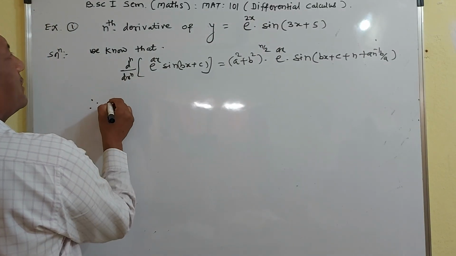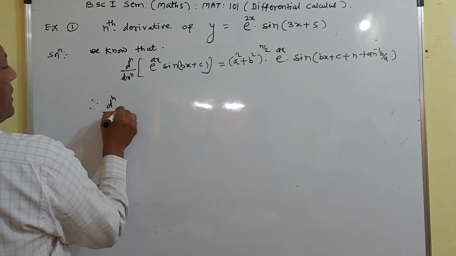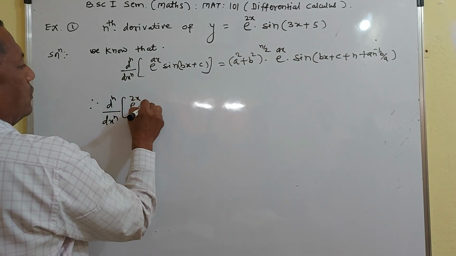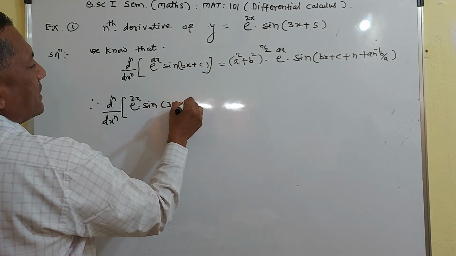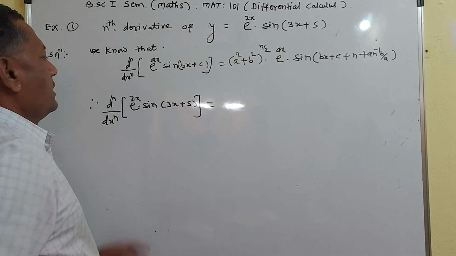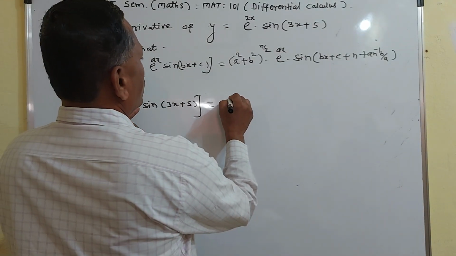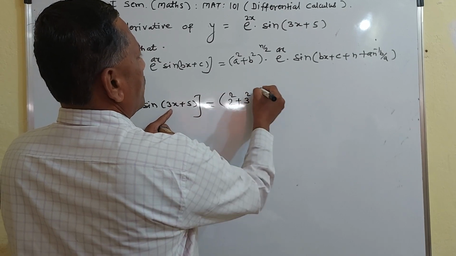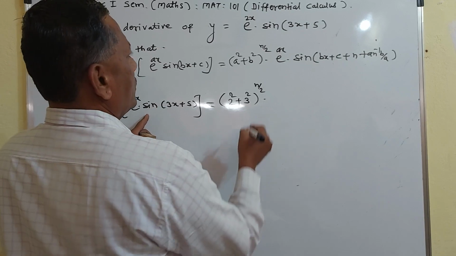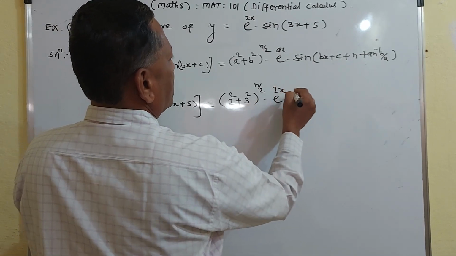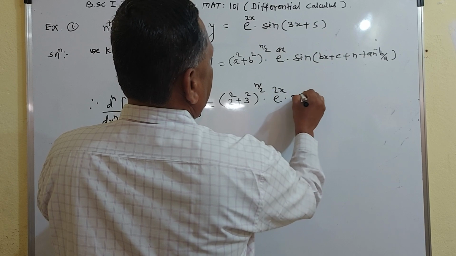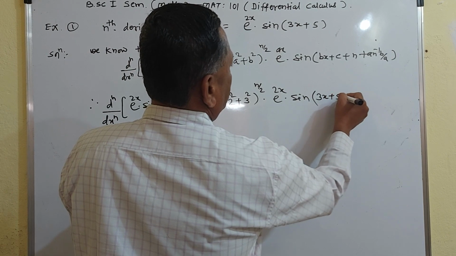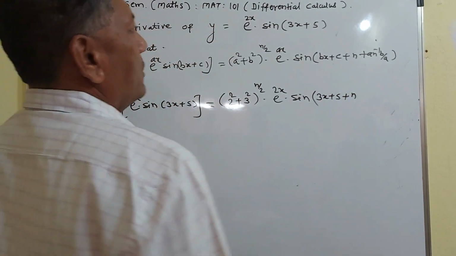Therefore, yn of e raised to 2x into sin of 3x plus 5 is equal to 2 square plus 3 square raised to n by 2 into e raised to 2x into sin of 3x plus 5 plus n into tan inverse.